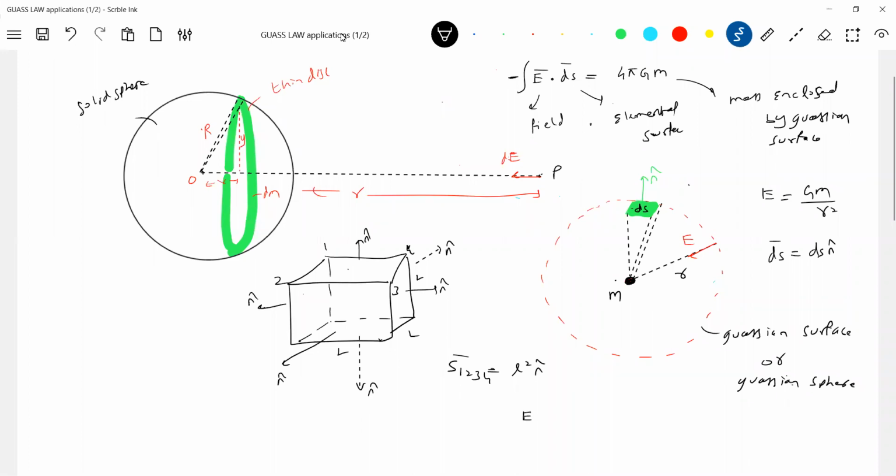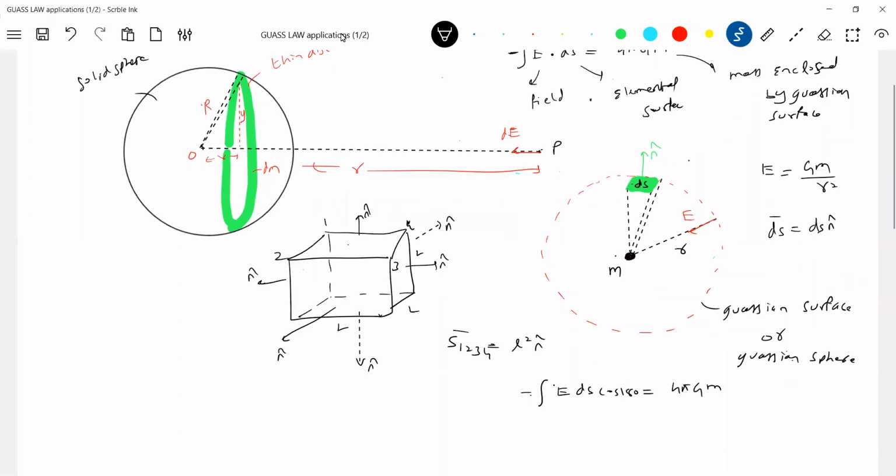At all points E is constant, so I'll take it outside the integration. It becomes E ds cos 180. What is the net mass enclosed? 4 pi Gm. Now, cos 180 is minus 1, and E is constant, so I'll take it outside.